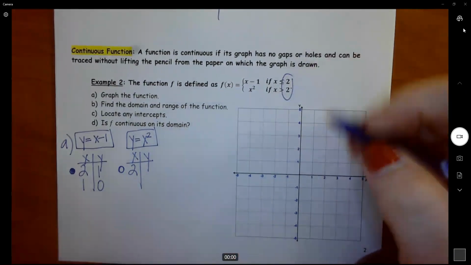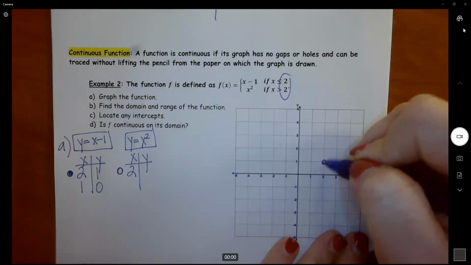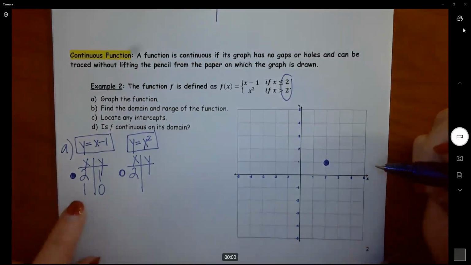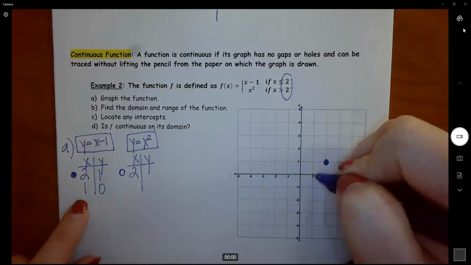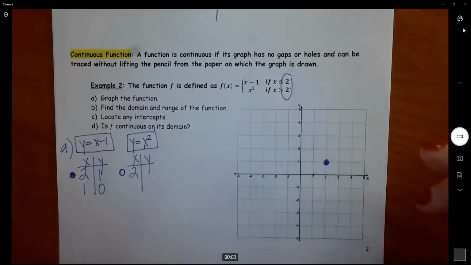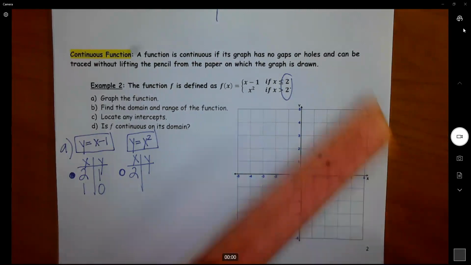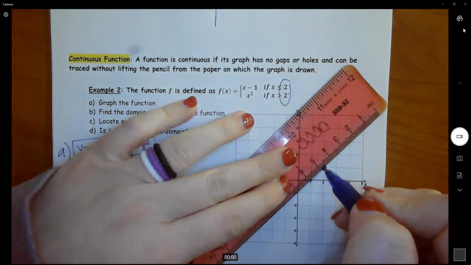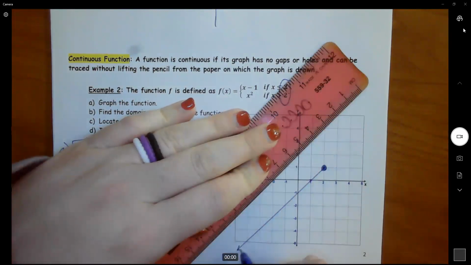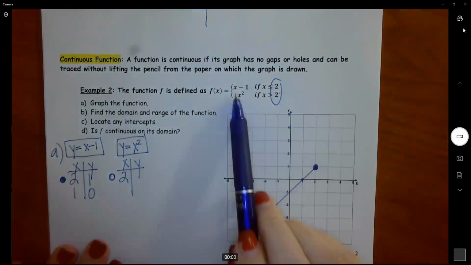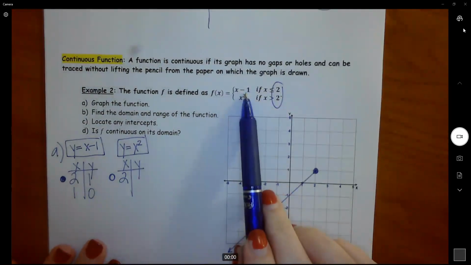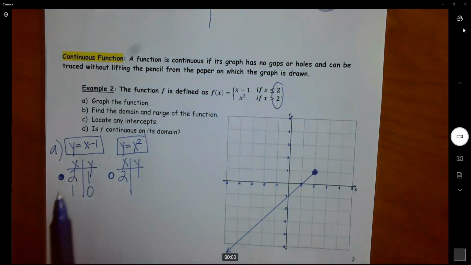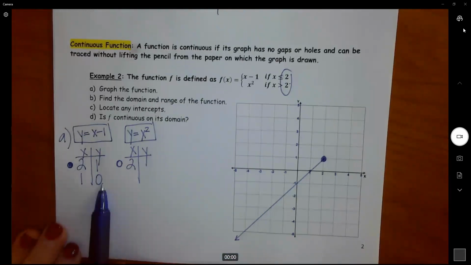So my first point is (2, 1) with a closed circle. And my second point is (1, 0). So here is this graph right here, x minus 1 when x is less than or equal to 2. So always go from that first point through the second point.